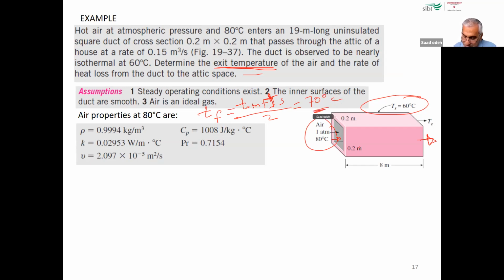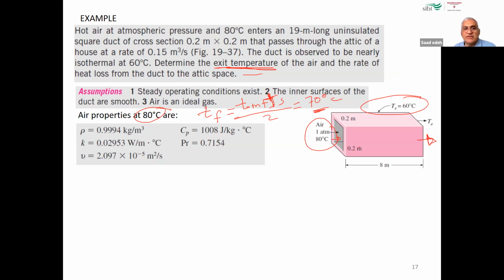Now we can take this and go to the tables and find out the properties. You'll see that they use 80 here. It will give you almost the same values, but to be more accurate, it's better to use T-film, because this is the more accurate approach for any fluid.